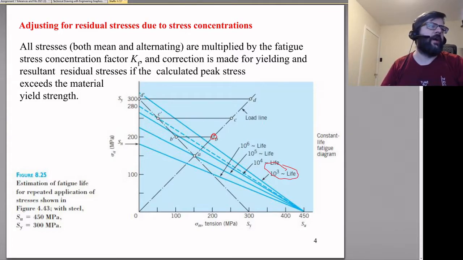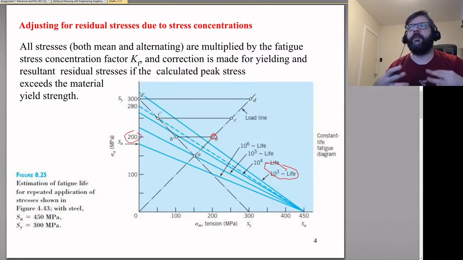If we didn't take the effect of the residual stress into account, we would assume that it was loaded up to maybe 220 MPa tension for the mean, and 200 for the amplitude, and this thing would last less than 1,000 cycles.